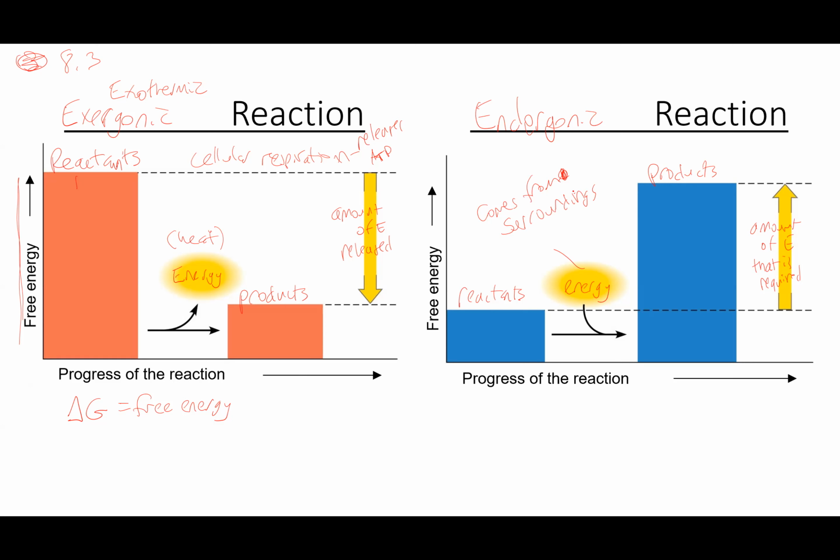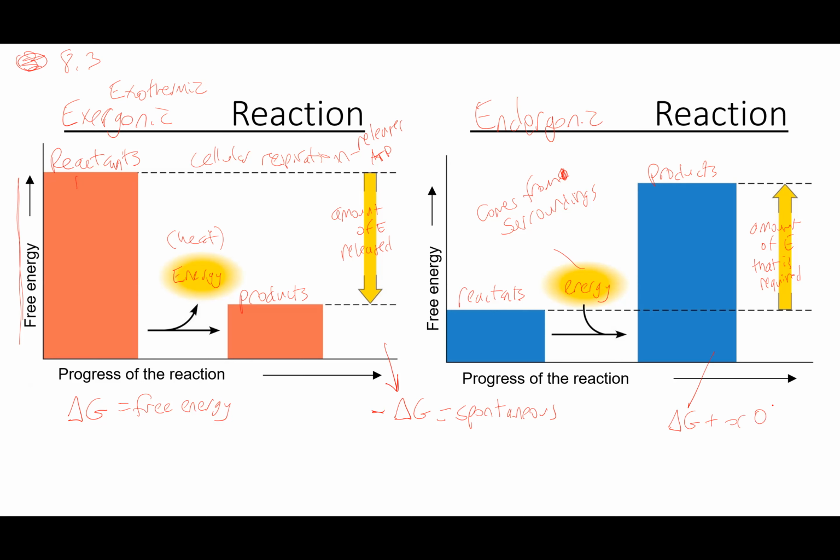So if we're looking at a reaction and we see that it has a negative delta G, this is a reaction that is going to be spontaneous. So that's going to be an exergonic reaction. In the other kind of reaction, delta G is going to be positive or 0.